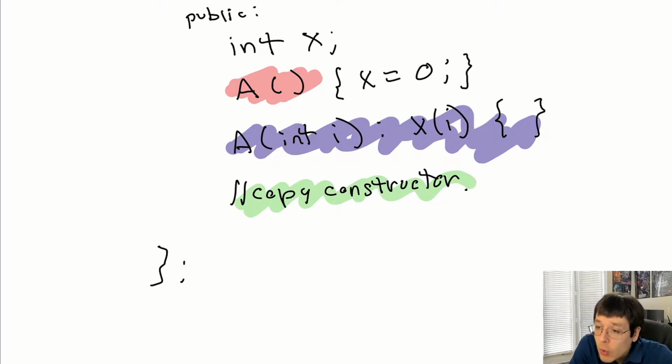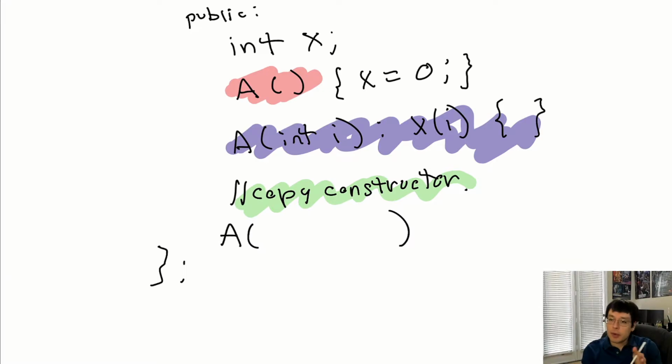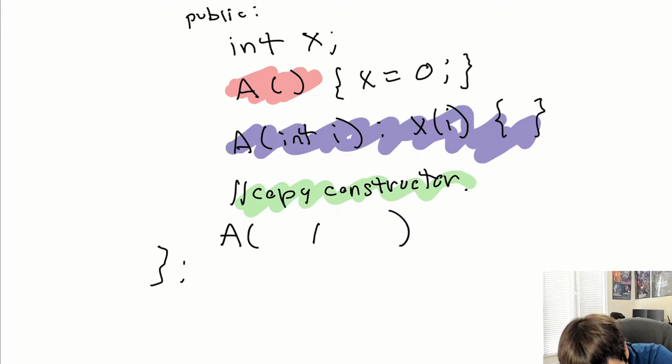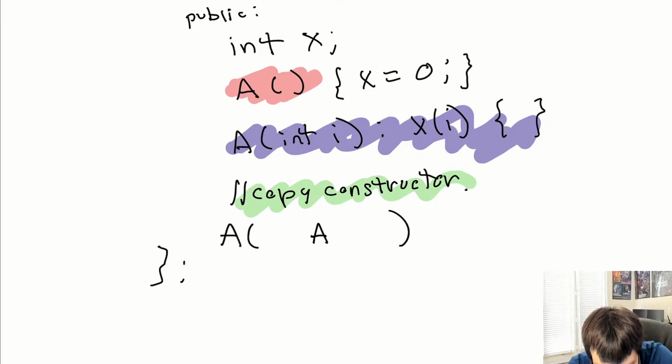So if you want to make a custom copy constructor, which I'll show you why you have to in certain scenarios, you go ahead and you write your constructor as you normally would, but instead of putting parameters like an int to initialize an int, you're going to put one parameter, and that parameter is going to be the same object type. And then just put some identifier that you want for it. So let's just call it old.